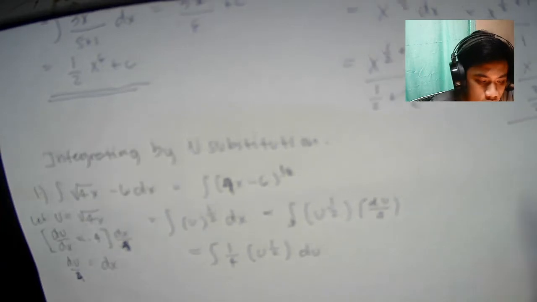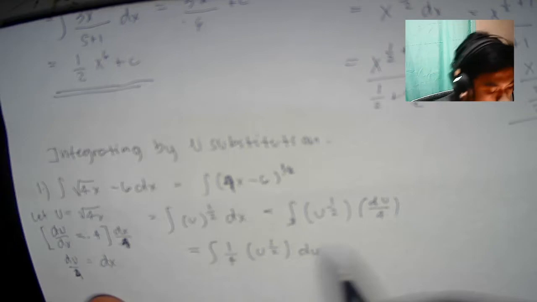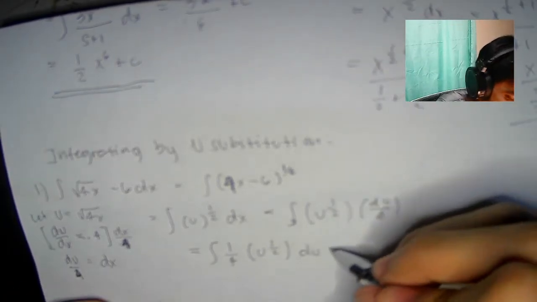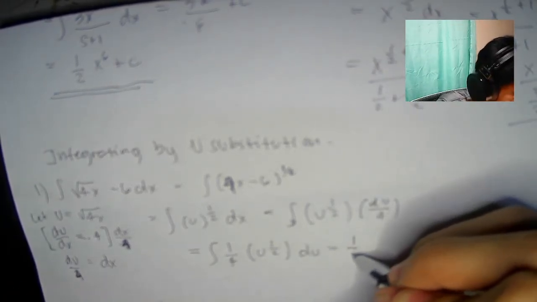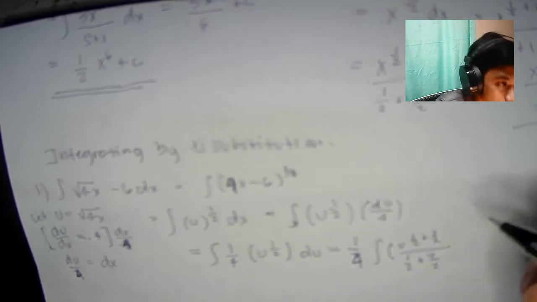We should have dx, but the function we change in x we change to u, so we can substitute. So you put the 1/4 outside. So you have u to the 1/2 plus 1 over 1/2 plus 1, plus c.